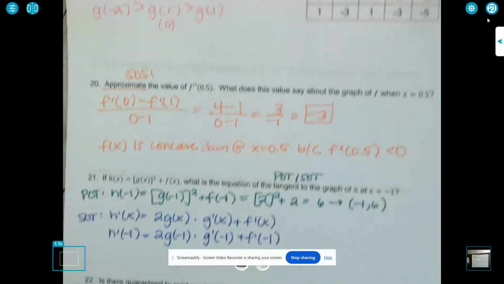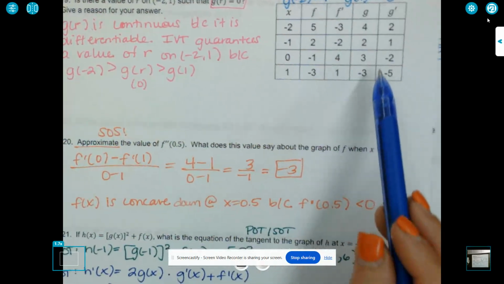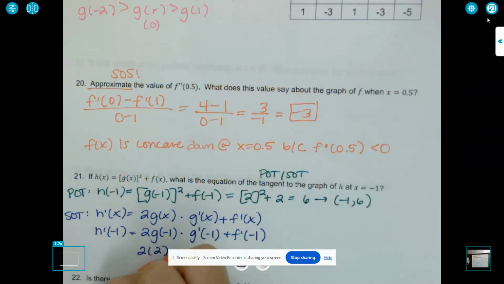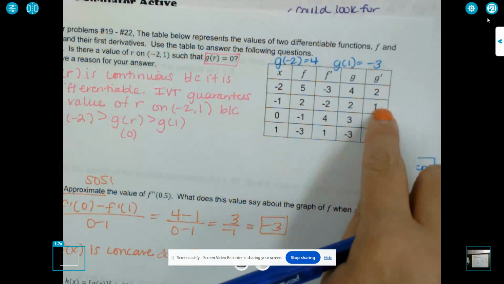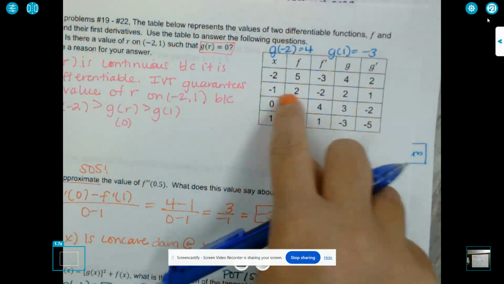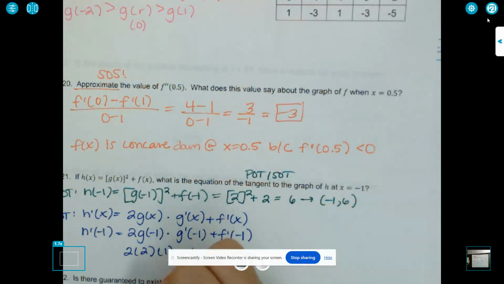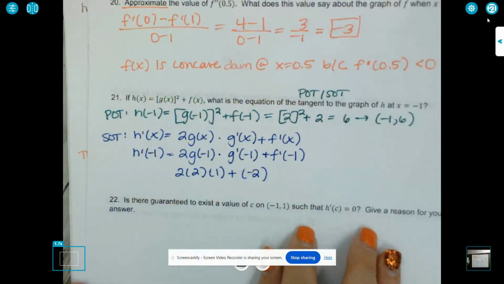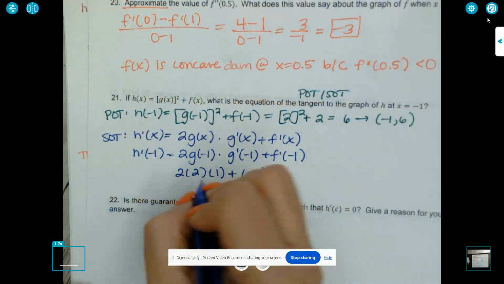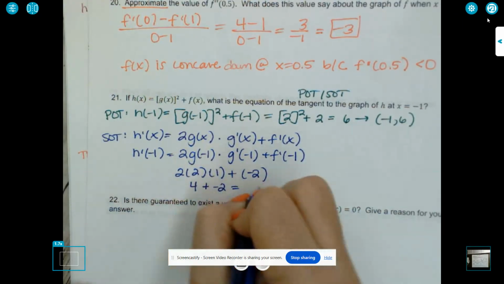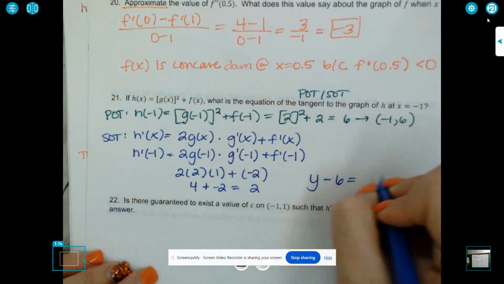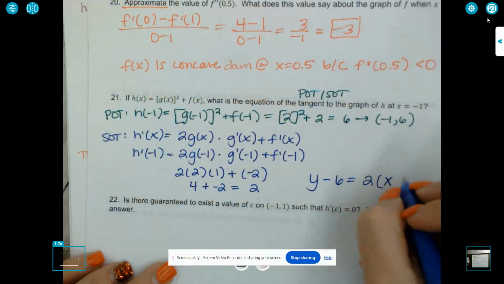Let's evaluate. g of -1 is 2, so that's 2 times 2. g prime of -1 is 1. So 2 times 2 times 1 plus f prime of -1, which is -2. So 2 times 2 is 4, 4 minus 2 is going to give me 2 for my sot. So then my equation is going to be y minus 6 equals 2 times x plus 1.